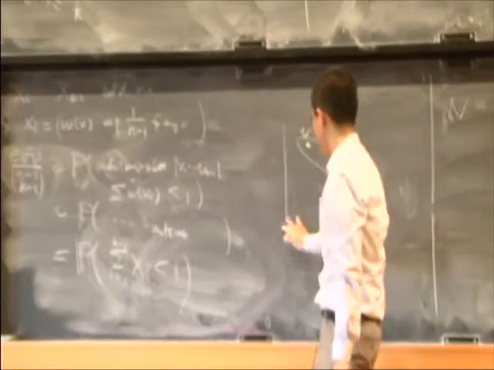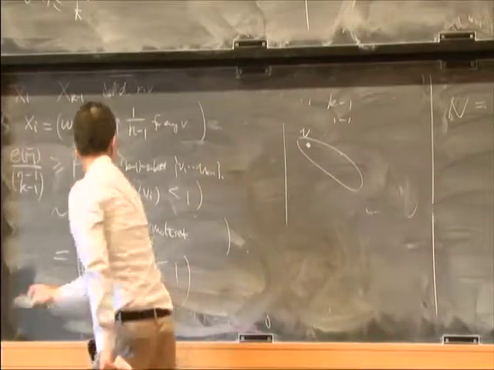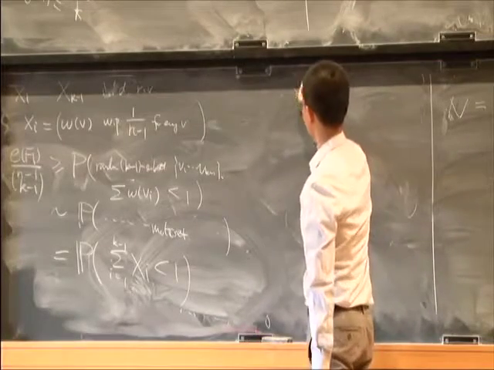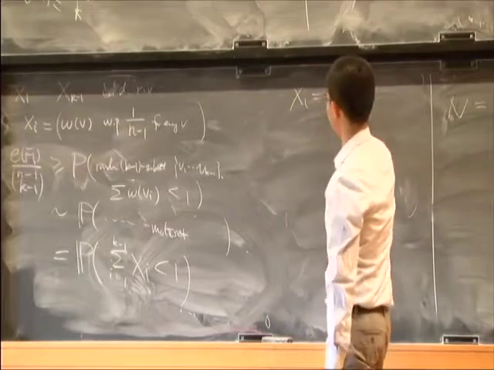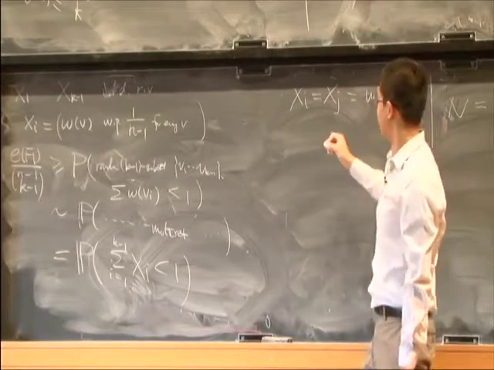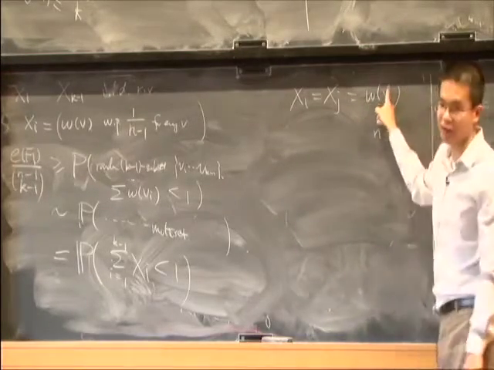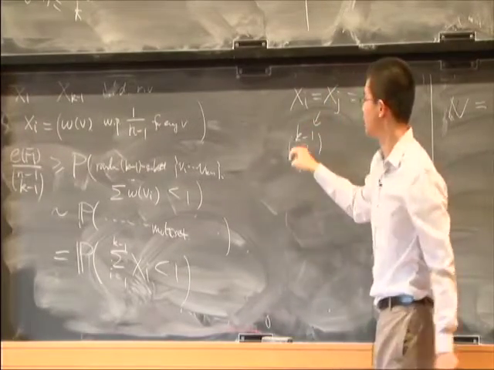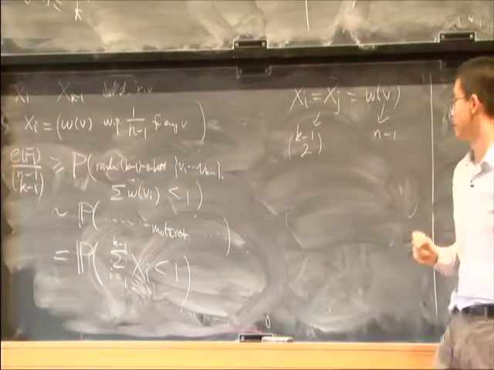So what happens if there's an error term? It's like you have some Si equal to Sj equal to some W of V, and there are m minus 1 choices for this vertex, and there are k minus 1 choose 2 choices for this pair of random variables.